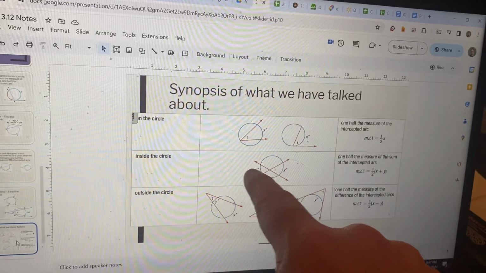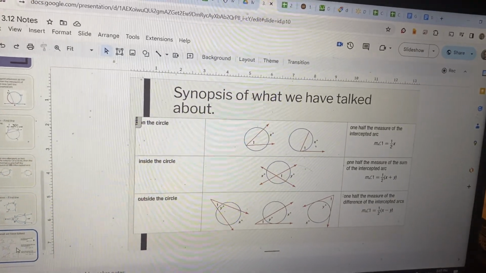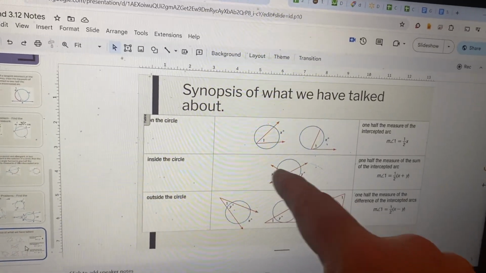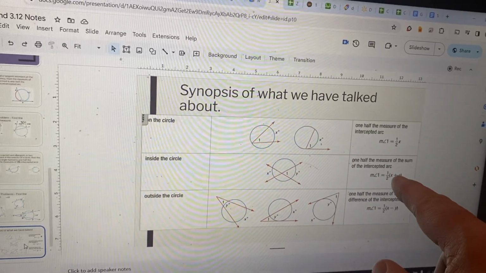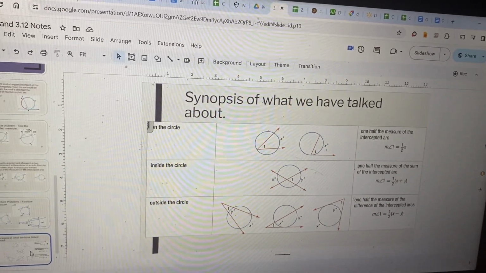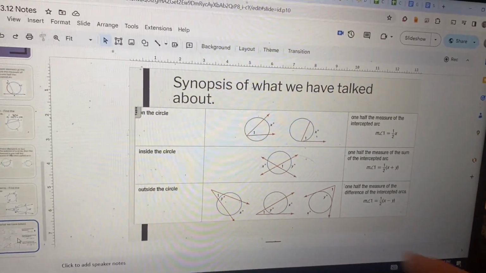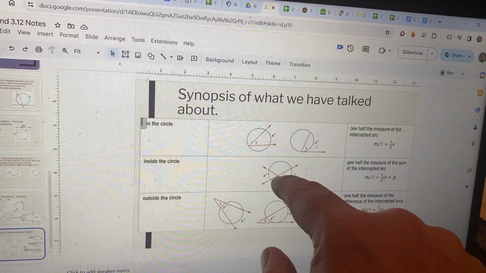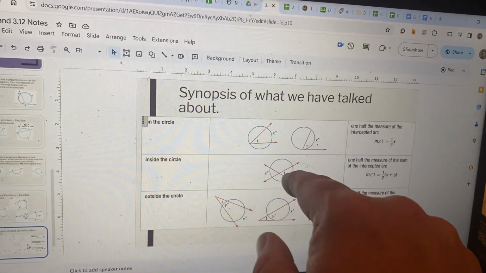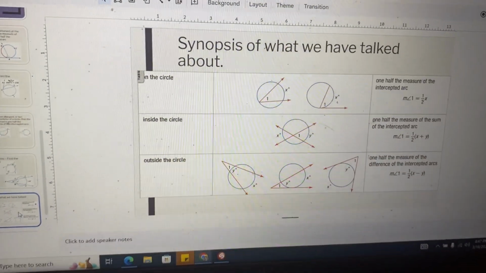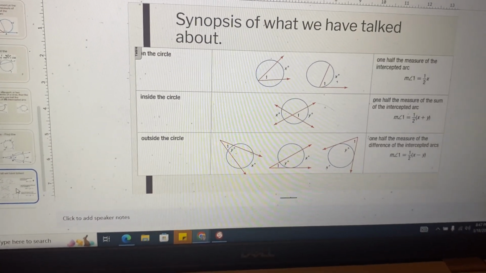If we have the chords crossing inside the circle, we take the arcs, we add them together and divide by 2, or add them together and multiply by 1/2 is what it says here, and that'll give us that angle. And then remember, these are vertical angles and supplementary there on the side, so we should be able to figure out all the angles in the middle from that.